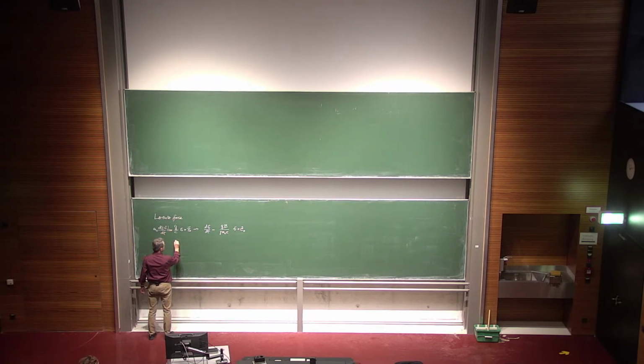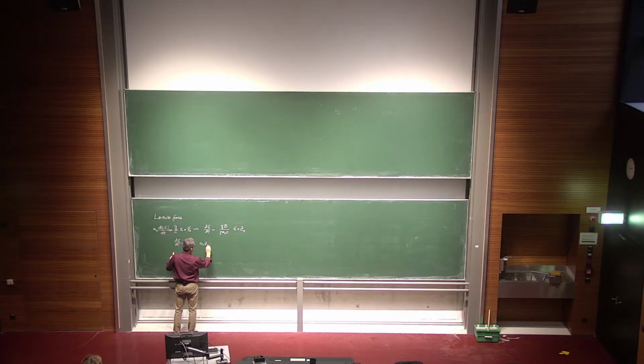So this means that dv/dt is this quantity here, qB divided by gamma m_e c, Vx times Ex plus Vy times Ey, vector product taken with Ez. So Ex cross Ez is minus Ey, Ey cross Ez is Ex.